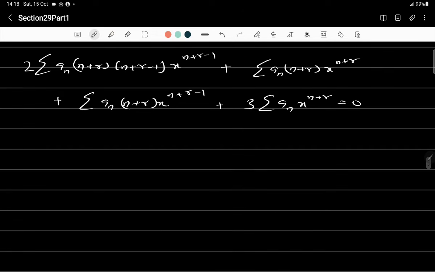Again equating the coefficient of x raised to the power r minus 1 to 0.